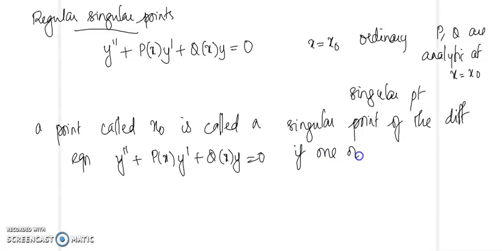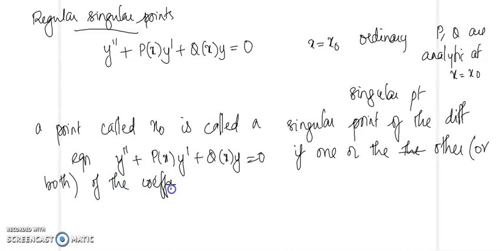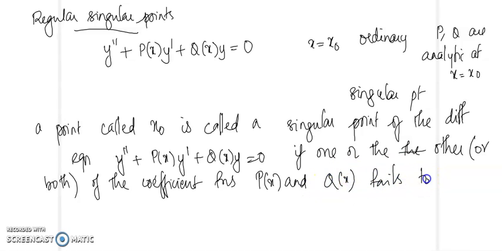If one or the other, or both, of the coefficient functions p of x and q of x fails to be analytic at x equal to x naught, such a point is called a singular point.